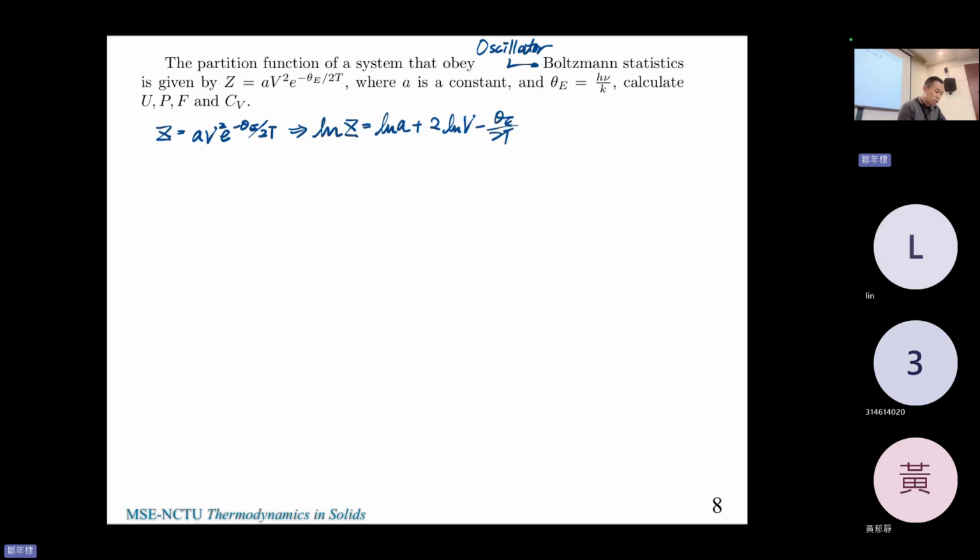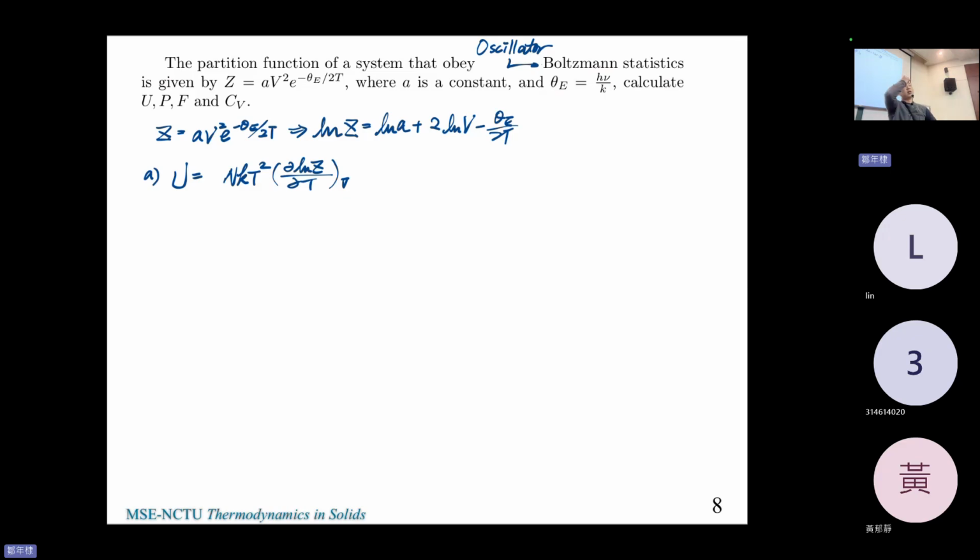So this is natural log Z. So the first one, of course, not too bad. U equal to, okay, this is important. Now, previously, our U is NkT squared partial natural log Z over partial T, right?